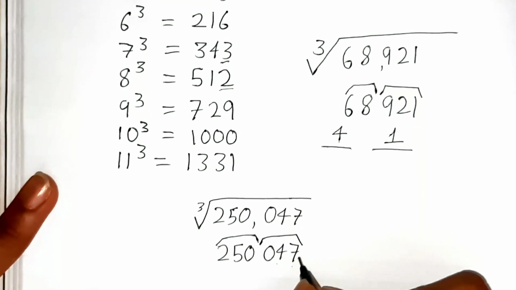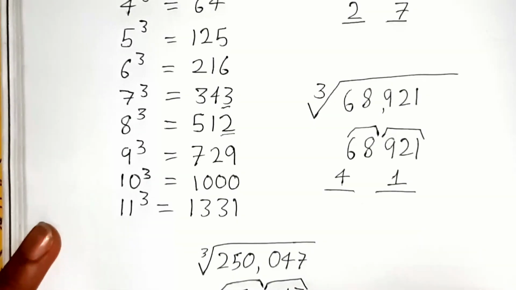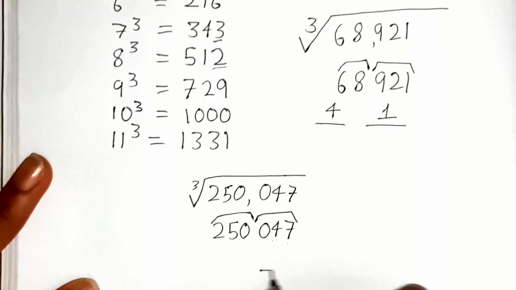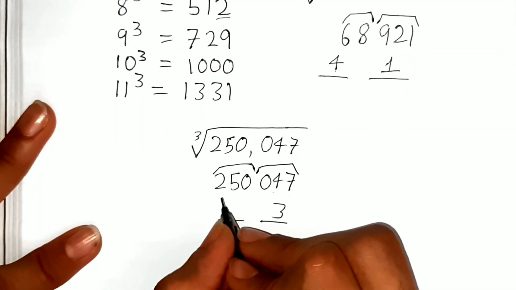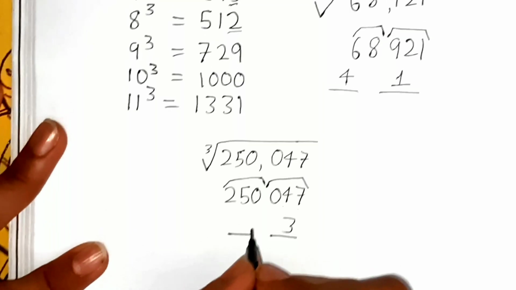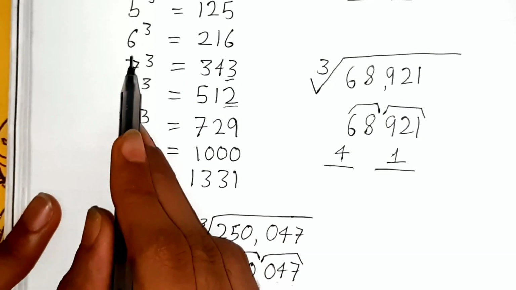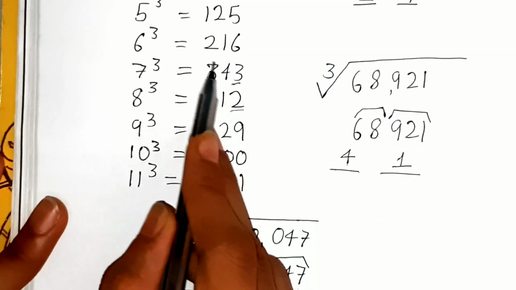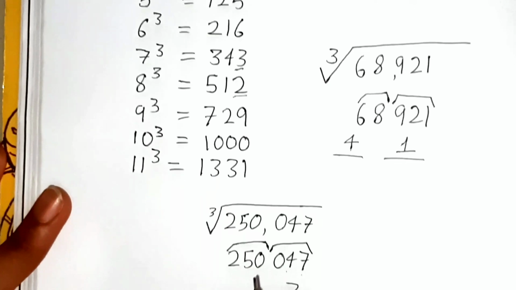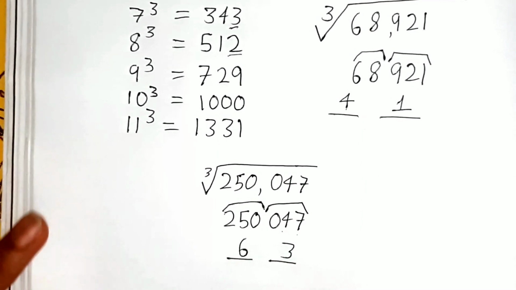And as 7 is the unit digit, our unit digit has only one possibility, that is 3, because 7's cube has the unit digit as 3. Now 250 is larger than 6's cube, that is 216, but smaller than 7's cube, that is 343. So we'll take 6 as the tens digit, and our answer is 63.